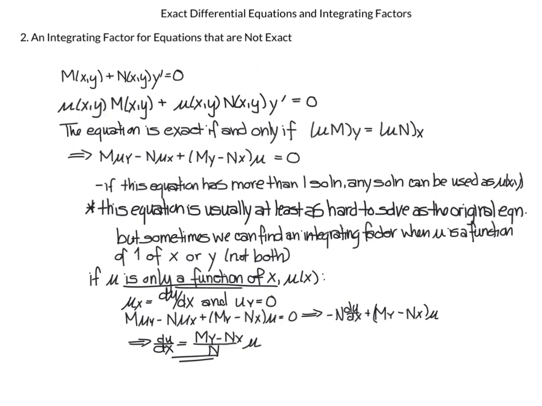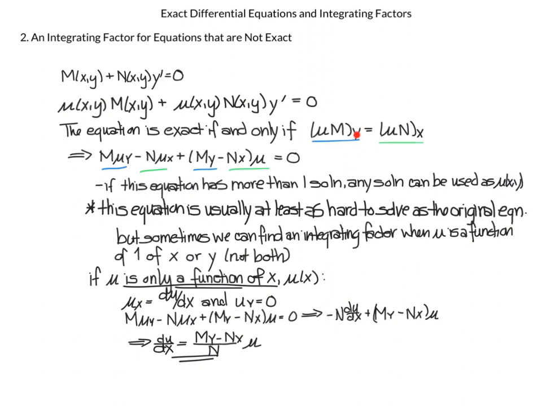And then the equation with the integrating factor is exact if and only if the partial of μM with respect to y is equal to the partial of μN with respect to x, a very similar condition to what we had for exact equations.